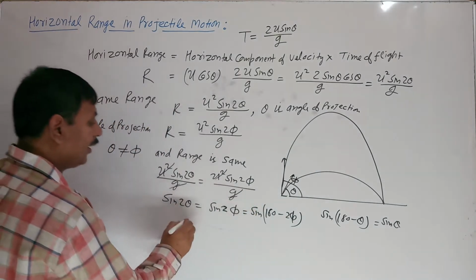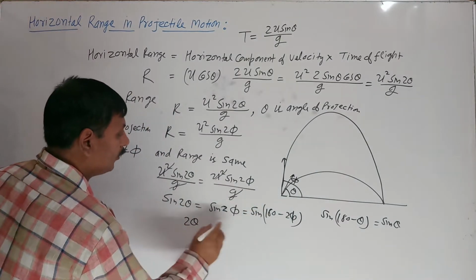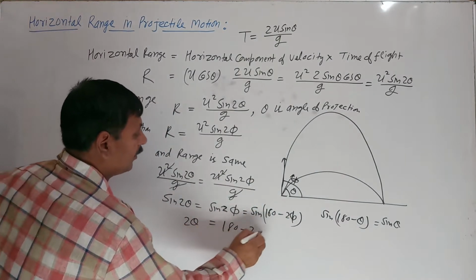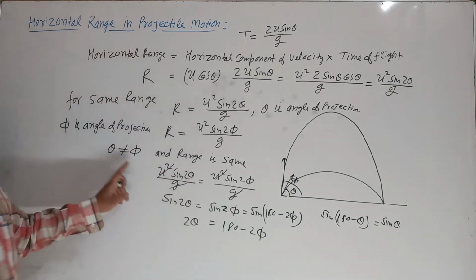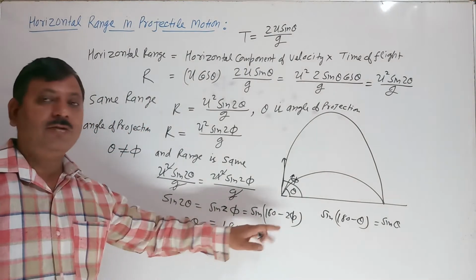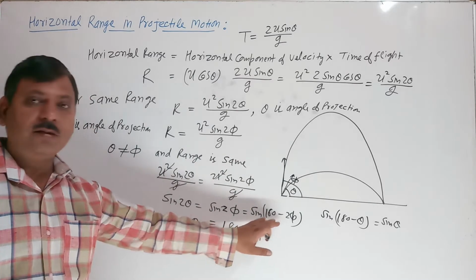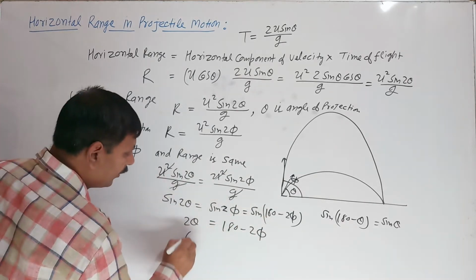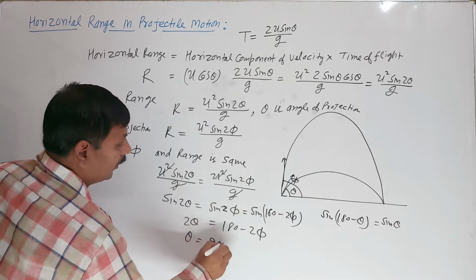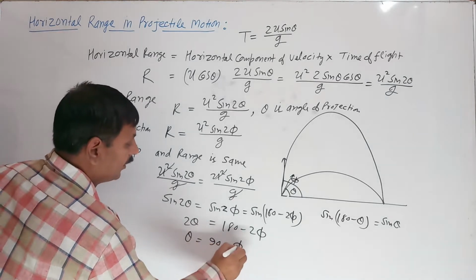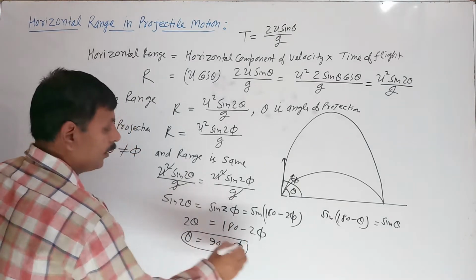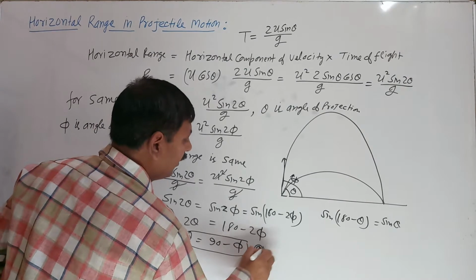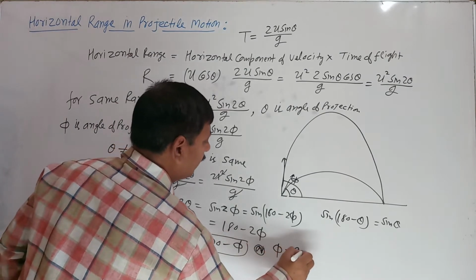If you are comparing here, 2 theta is equal to what? 180 minus 2 phi. Because theta is not equal to phi, that's why I have converted into another form. Here you can see theta is equal to 90 minus phi, or you can say phi is equal to 90 minus theta.